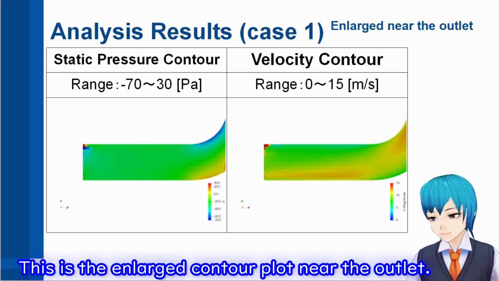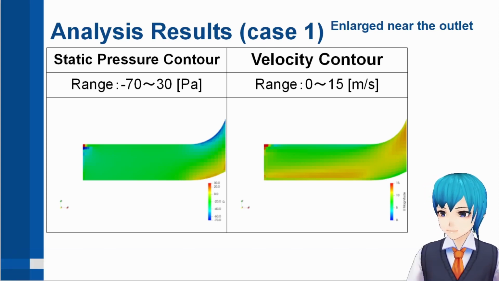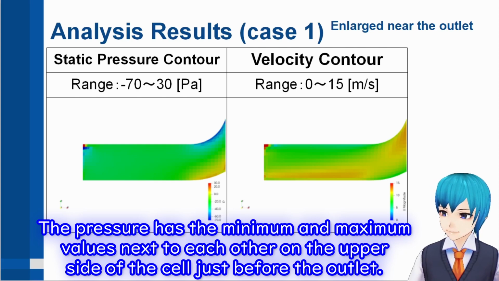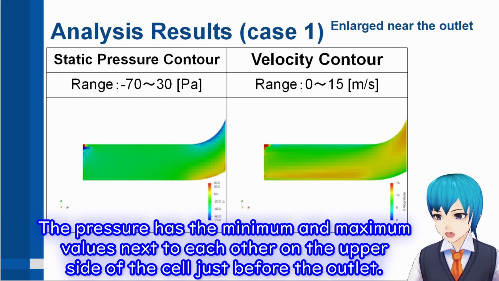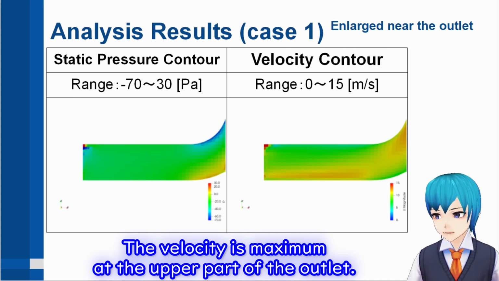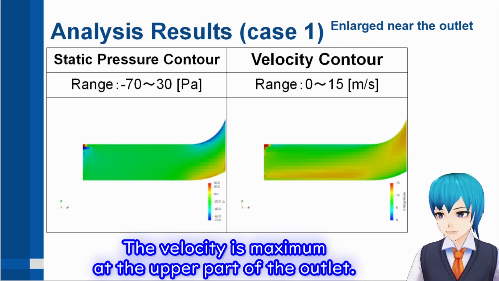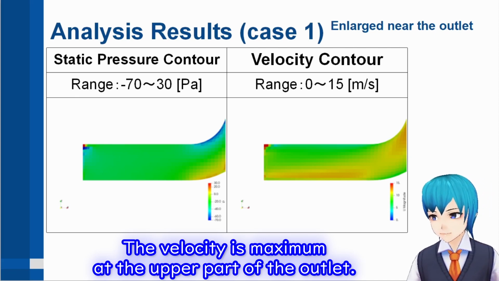This is the enlarged contour plot near the outlet. The pressure has the maximum and minimum values next to each other on the upper side of the cell just before outlet. The velocity is maximum at the upper part of the outlet.